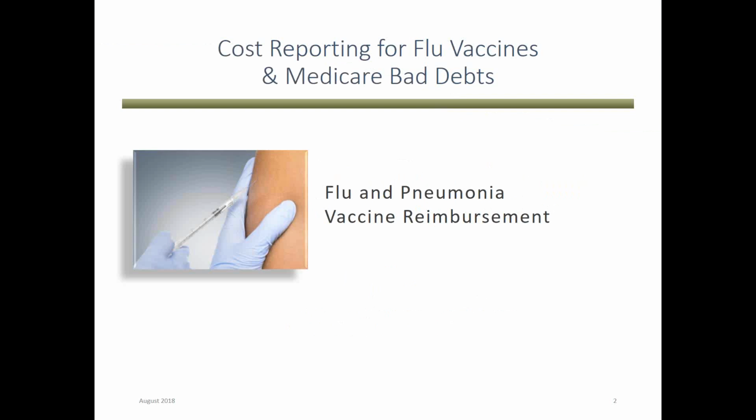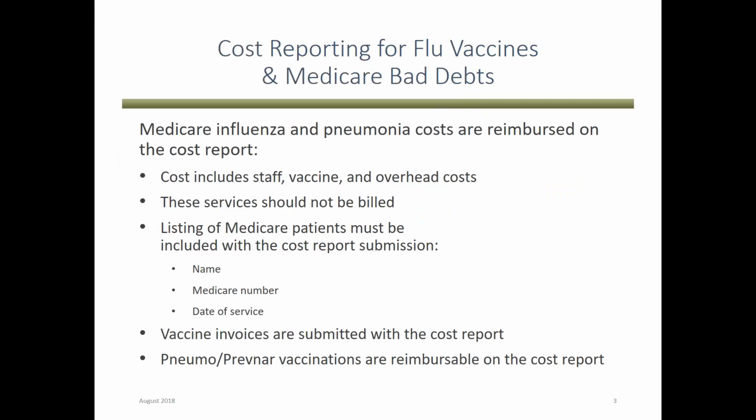The first thing that we're going to talk about is flu and pneumonia vaccine reimbursement. Oftentimes in a rural health clinic, staff will say, oh, well, we're not paid for flu and pneumo vaccines. Well, that's not true. What you need to do is keep a log of all of the patients that receive a flu and pneumococcal or pneumonia injection for the year.